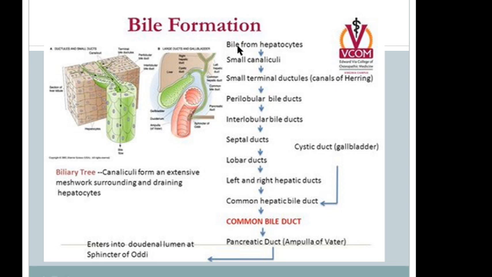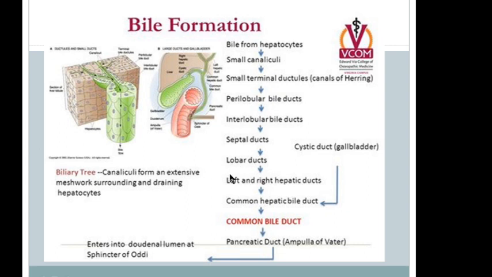So bile from the hepatocytes. Okay, in the hepatocyte there is formation of bile. From here it enters into the small canaliculi. From small canaliculi it enters into the small terminal ductules, which are also called the canals of Hering. And from small terminal ductules to the perilobular bile ducts, then interlobular bile duct, and from interlobular septal ducts, then lobar duct.